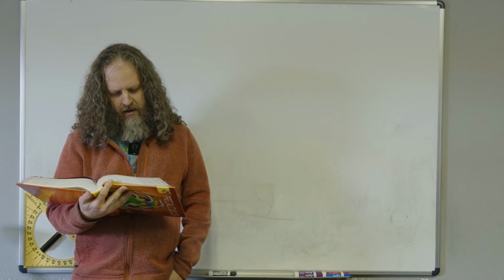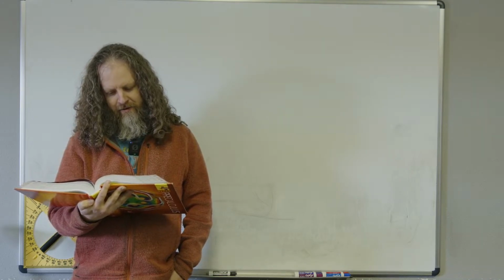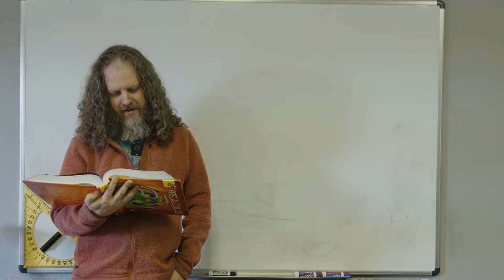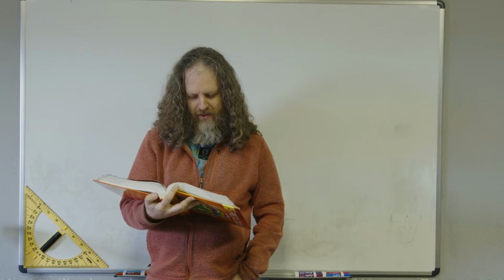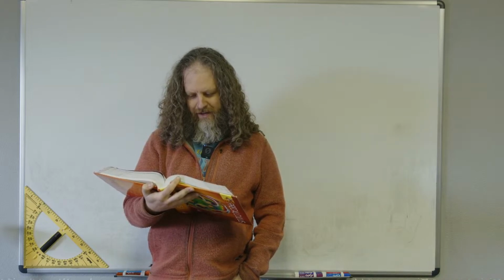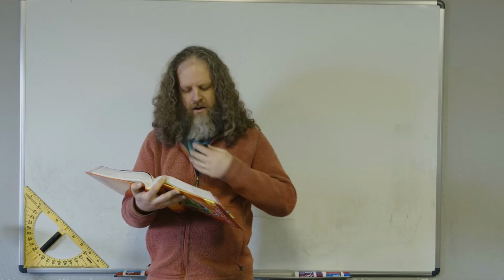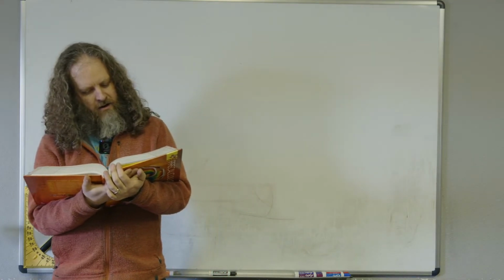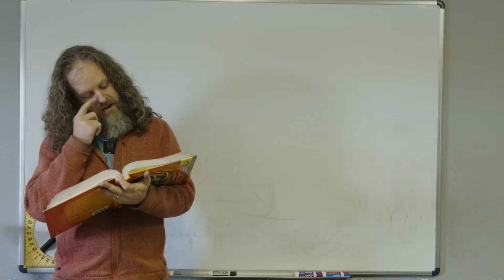Number 4 is negative 7 times the square root of 95 over 72, and 23 over 72, and negative 7 times the square root of 95 over 23. Number 6 is square root of 3 over 2, negative 1/2, negative square root of 3. Number 8 is 120 over 169, and negative 119 over 169, and negative 120 over 119.